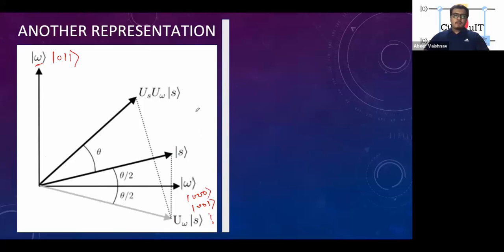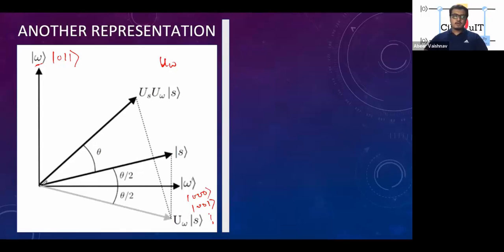Now, when we implement the oracle function, here the oracle is U omega. When we implement this U omega function, it does a reflection about this omega prime axis, and we get the same angle. If this is theta by 2, this will also be theta by 2, and we get this particular state.